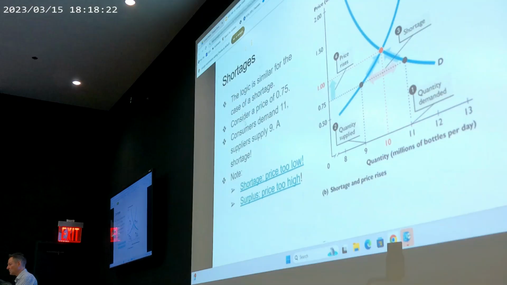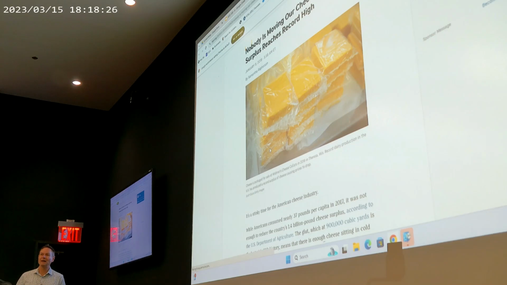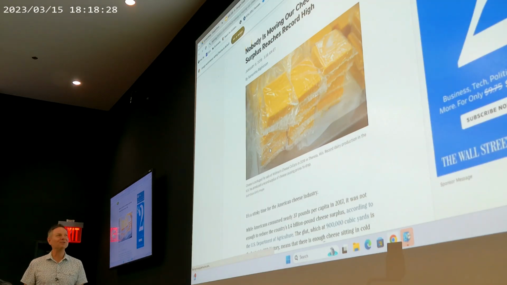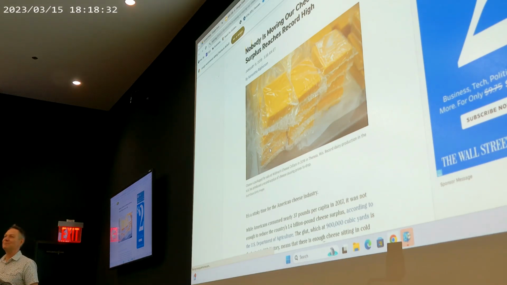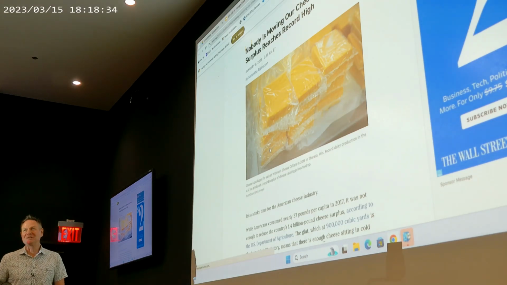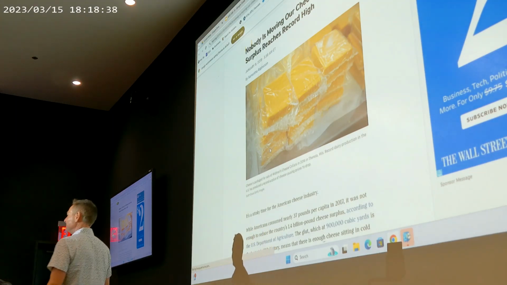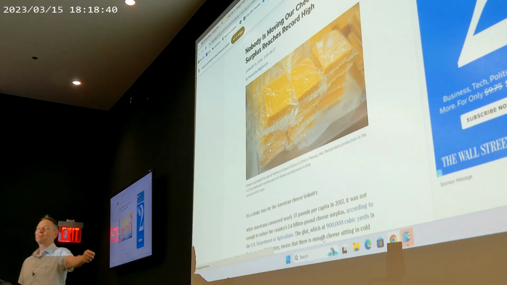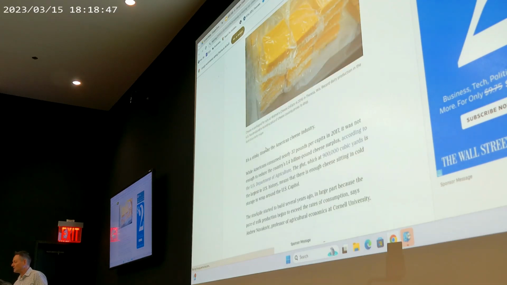I have an example of a surplus, which might be our first encounter with what you might call the law of unintended consequences. We'll get into this later. Oftentimes, when a market doesn't function correctly, things that were completely unexpected happen as a result. Here we have an article where there's a surplus of milk.